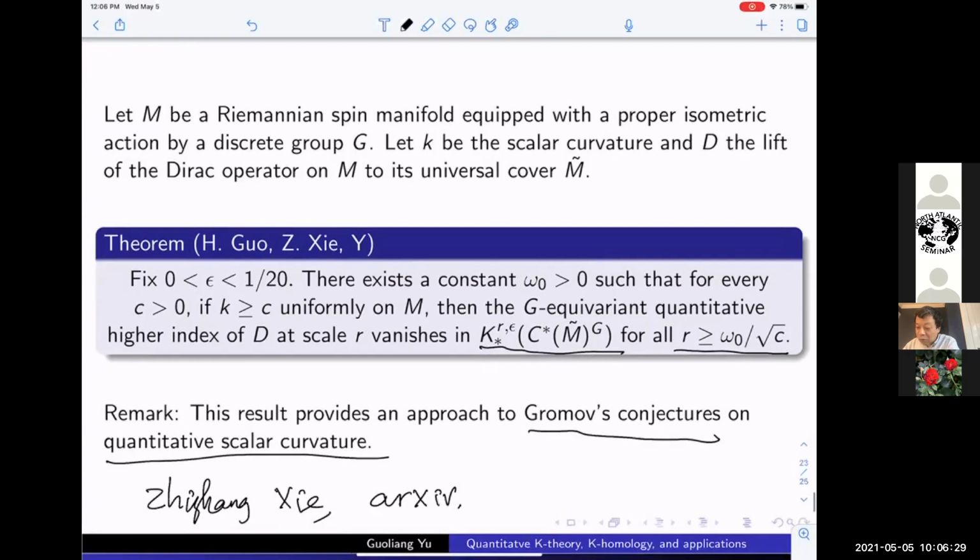So this connection is interesting. Zizang solves several conjectures of Gromov. I think he put his paper on arXiv about a month ago. So if you are interested, you can find his article. Really very beautiful work.